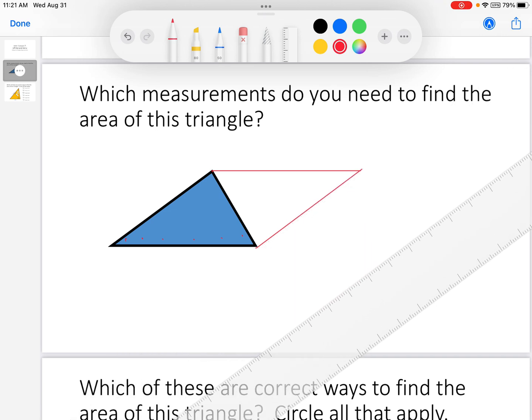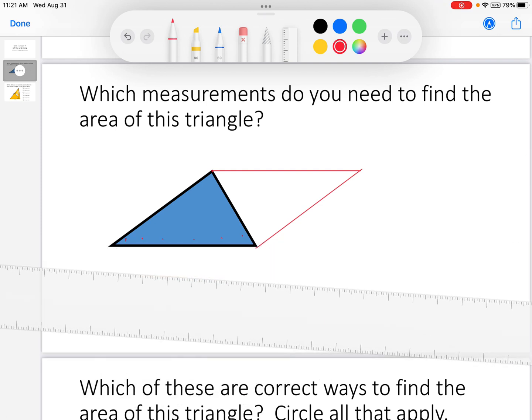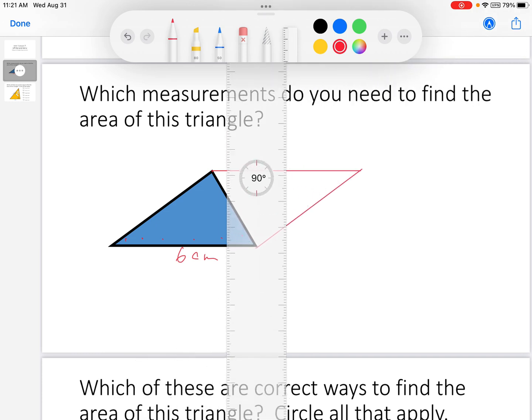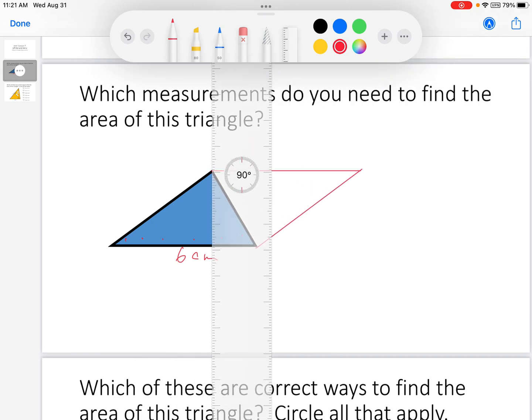And that makes the parallelogram. Now the base of the parallelogram is down here. That's 6 centimeters. But remember the height has to go straight up and down.